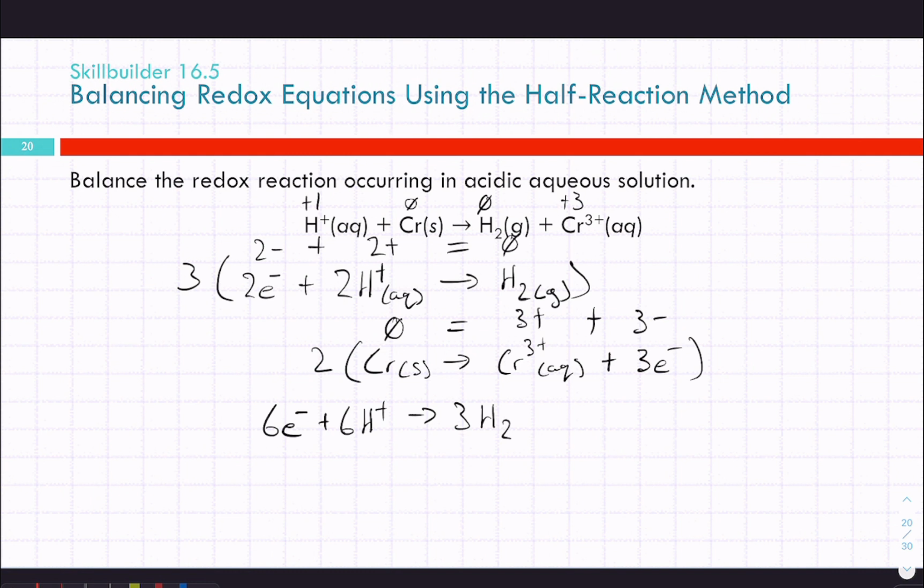And then our chromium reaction will be 2 Cr, so 2 chromiums, goes to 2 Cr3+ plus 6 e-.